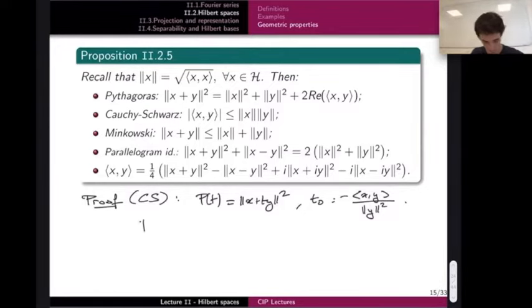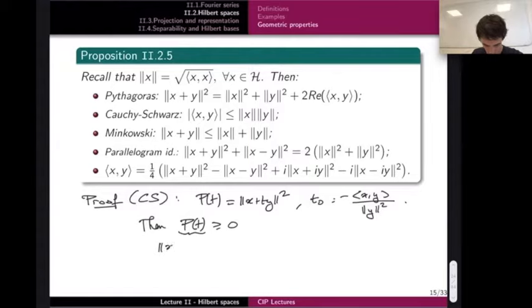Then what we know is that P of t is non-negative, of course, this is a norm.